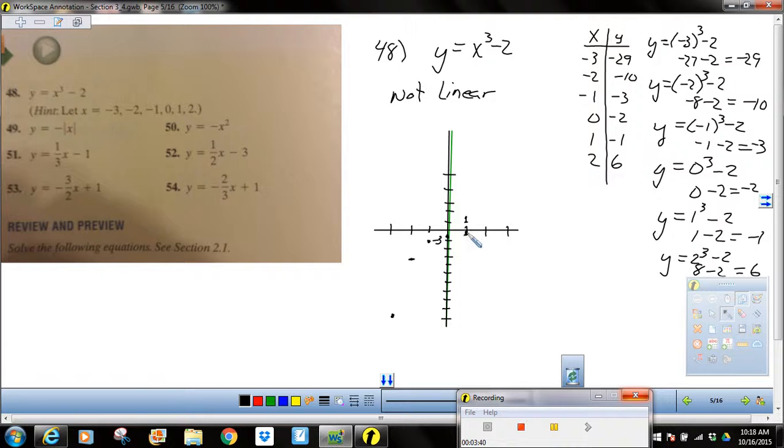And maybe I should have used a different color, that way we can see it a little better. 2 was 6, so that would be right here.